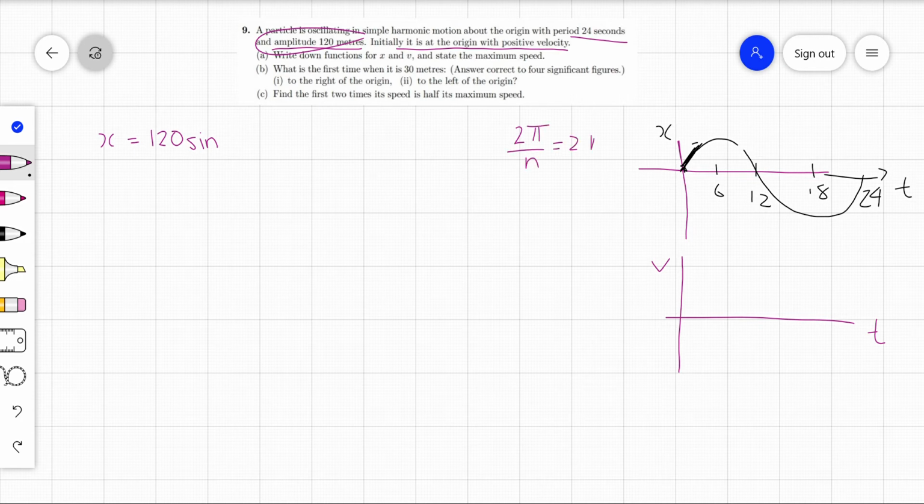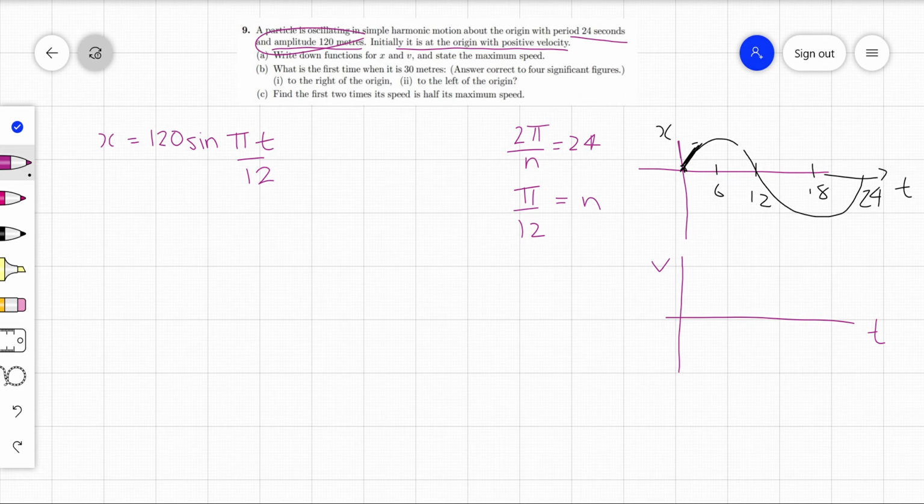So we've got 24. Just rearranging that, I'm timesing by n and dividing by 24, so I get pi on 12. So I know this must be pi t on 12, so nt. And we know it starts at 0 at the origin, so plus 0. So that's the displacement function.